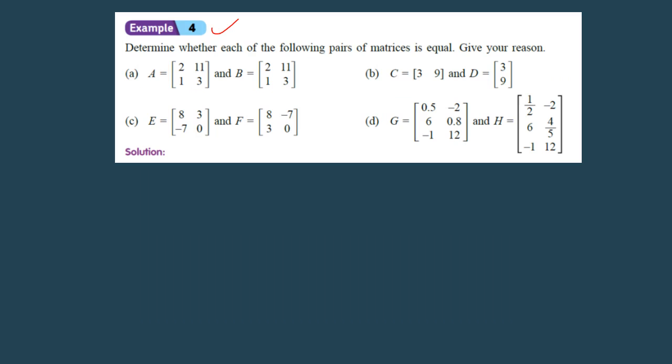Okay, let's see example 4, how we determine whether the following pairs of matrices are equal or not. And we have to give the reason. Let's see matrix A and matrix B. Is it equal? Yes, it's equal. Why?